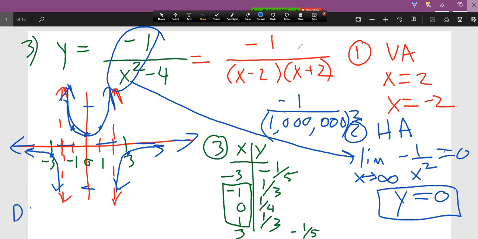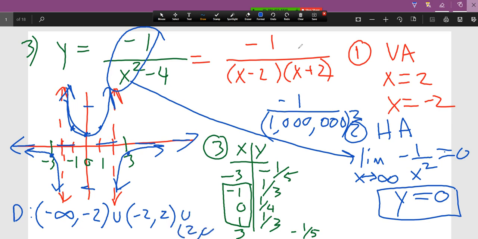Understanding the picture. What's your domain? -∞ to -2, union -2 to 2, union 2 to infinity.